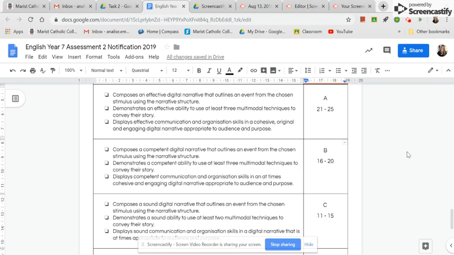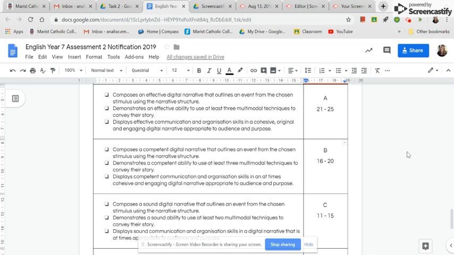The second thing we're looking for in your story is how well you have used the multimodal techniques or the multimodal features, or in other words, the modes of communication to convey your story. So how well have you used the digital elements to put together and tell us your story?